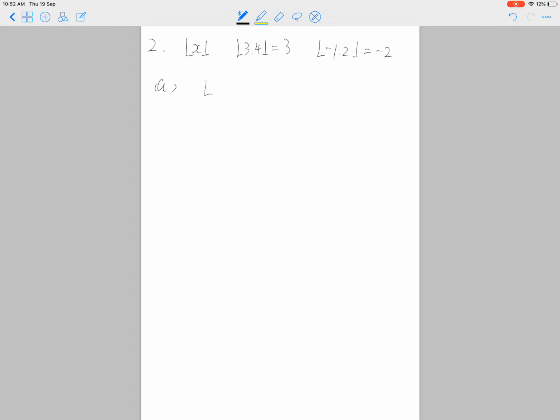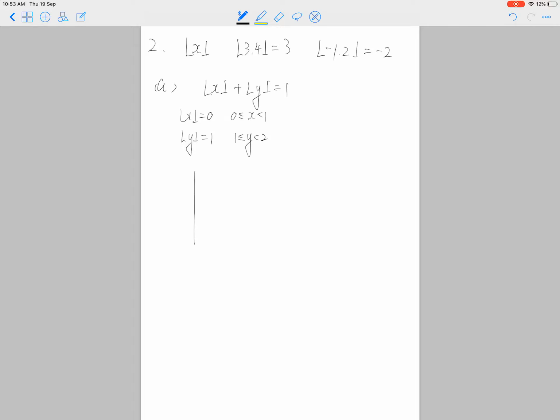So for example, floor x plus floor y is 1. So let's say floor x is 0, floor y is 1. Right, floor x is 0, so x is greater or equal to 0 and strictly smaller than 1, because when x is 1, the floor of x is 1. So x has to be strictly smaller than 1. Here, floor of y is 1, so y is greater or equal to 1, smaller than 2.